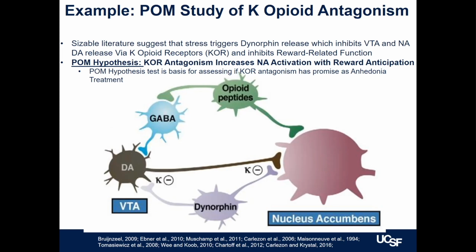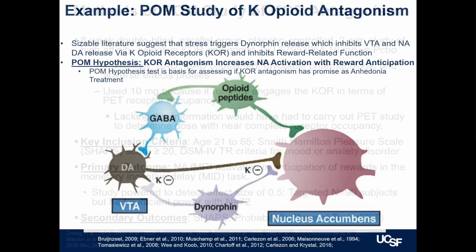And it is increasing activity in the nucleus accumbens, through dopamine release. We didn't test the dopamine part of it, but we tested specifically the activity in the nucleus accumbens. And you can see here in the figure that you have the dynorphin blocking it. When it binds to these kappa opioid receptors, it hits the dopamine neuron both at the level of the ventral tegmental area and the nucleus accumbens, and inhibits its release of dopamine.